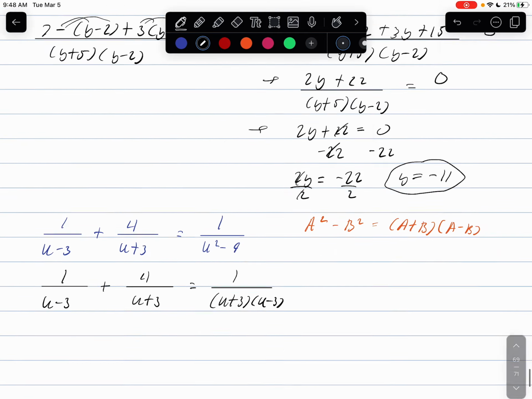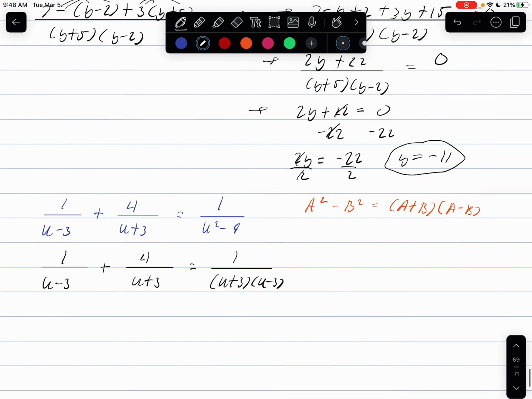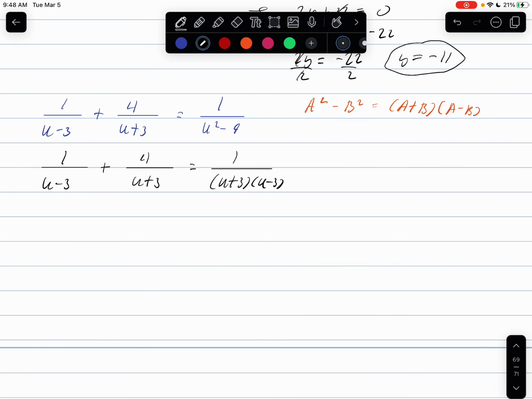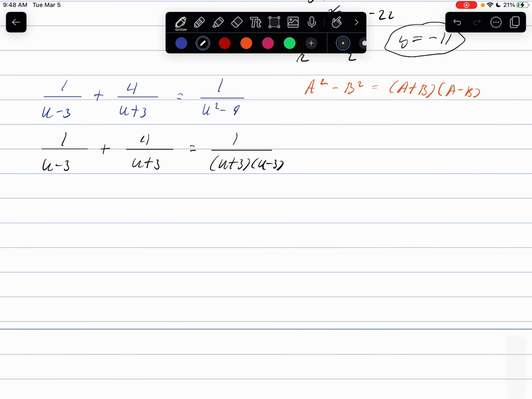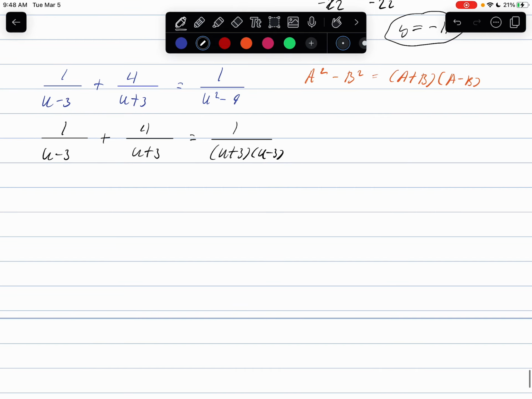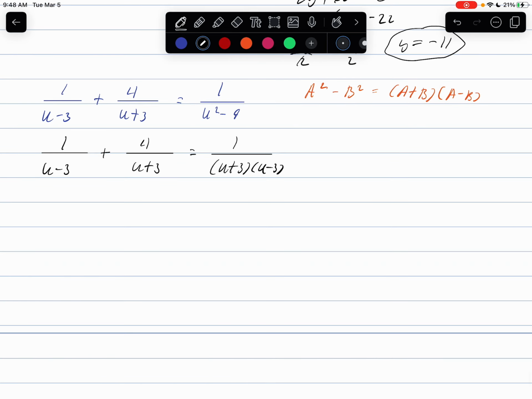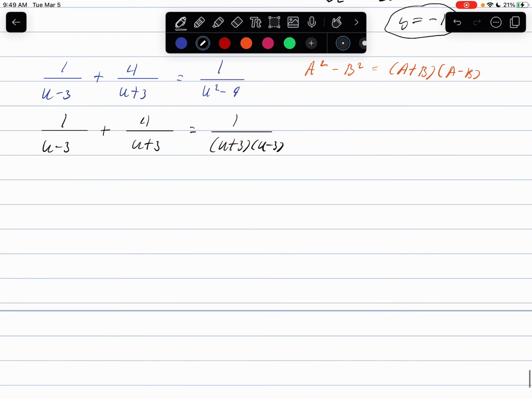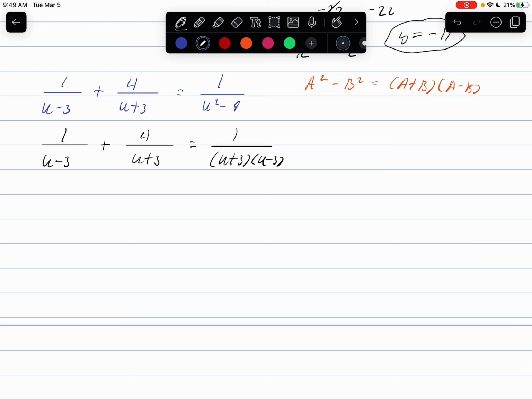And this is very similar to what we had in our previous example. Now we can go ahead and do our cross multiplication here. All right, so I'm going to show you another way to do this. Another way we can do this is to multiply both sides of the equation by u plus 3 times u minus 3.